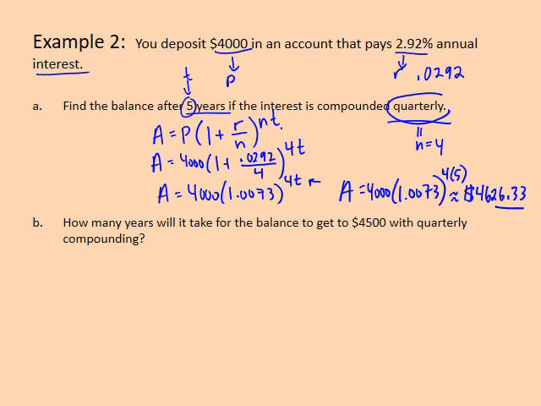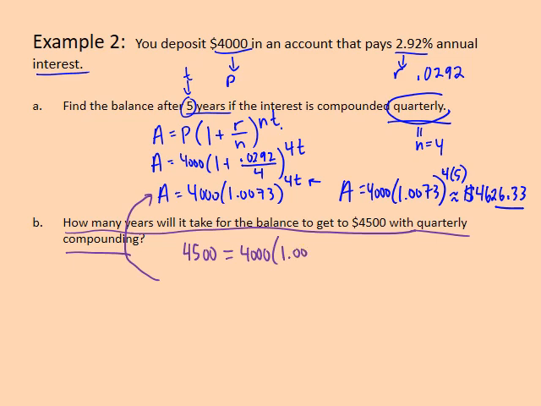The second question says, how many years will it take for the balance to get to $4,500 with quarterly compounding? So we're using the same equation that we figured out here, but instead we're looking for t, and we have the A value. We have the final amount we want. So we say 4,500 equals 4,000 times 1 and 73/10,000ths, all raised to the 4t power.